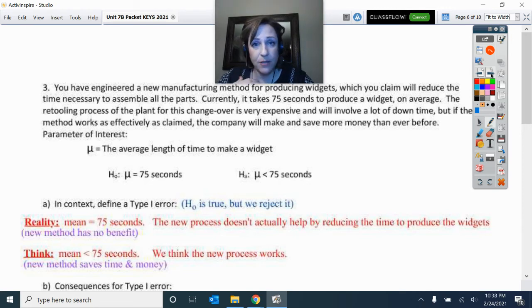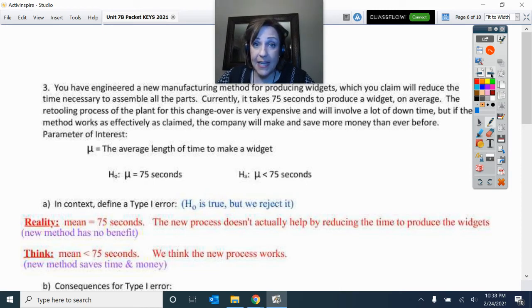So I kind of had to give you some leading information in this prompt where you are a new engineer and you have a new manufacturing method to create this item that takes less time. So that then, of course, in the long run, could save you money, could make you more money, could give you more profit. So you want to try this out and you think that we've got a situation that can help your company. But the problem is that we're going to test it out, okay?